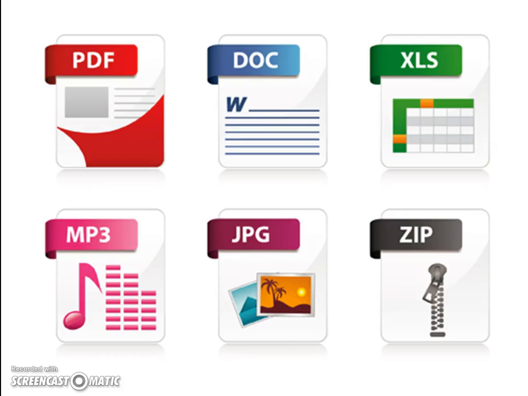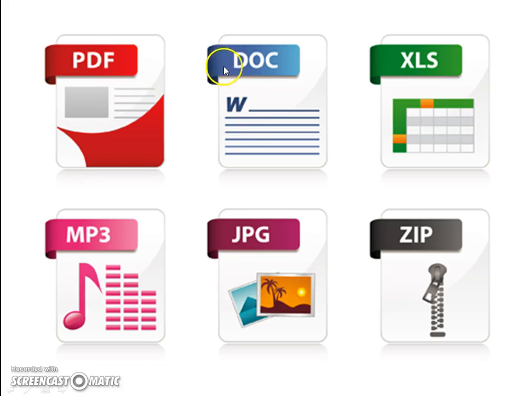So we have a couple different file types here. We've got PDF, and these are non-editable files that you might use for, like, Mrs. Kirk uses them for our weekly bulletins.